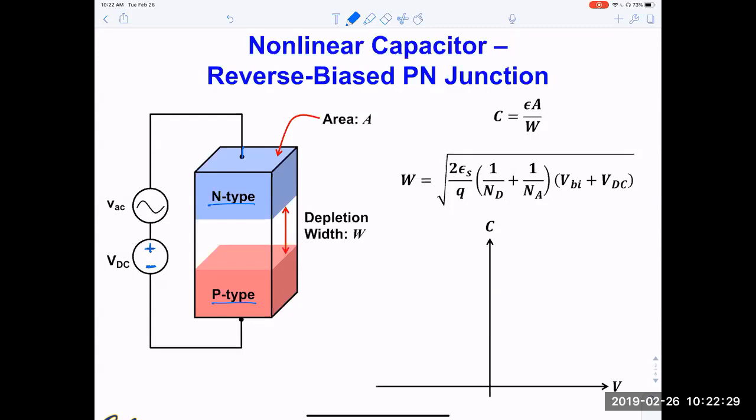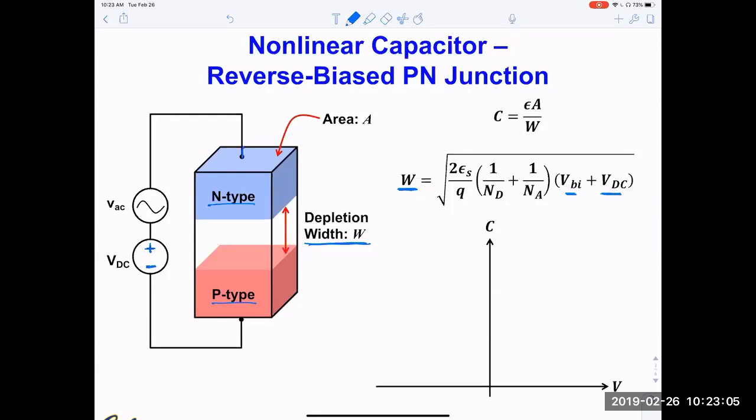The reverse bias creates a depletion width, okay, and the depletion width we learned in the previous module. It's related to the doping concentration, related to built-in voltage, related to the reverse bias voltage, okay? The higher the reverse bias voltage, the more the depletion width becomes, okay? So when we apply additional AC voltage source, we superimpose these two sources.